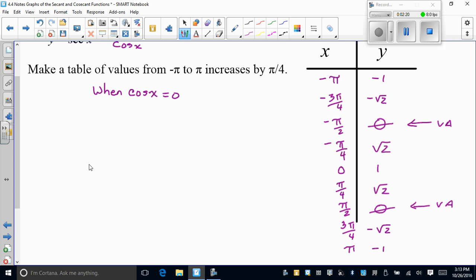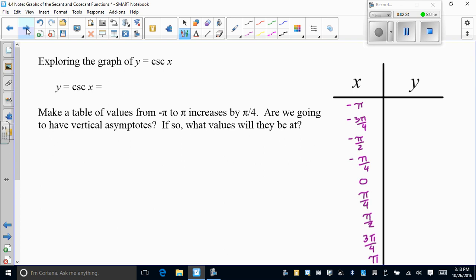So let's do the same thing with cosecant. Remember, cosecant is 1 over sine. So we have to take our values of sine and then flip them over. At pi or negative pi, doesn't matter, sine is 0, so cosecant is undefined.